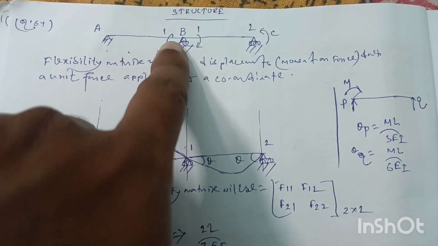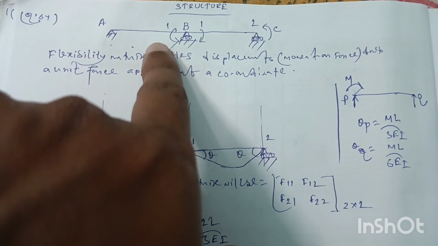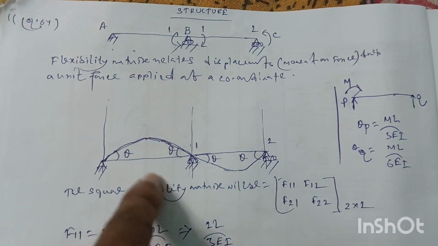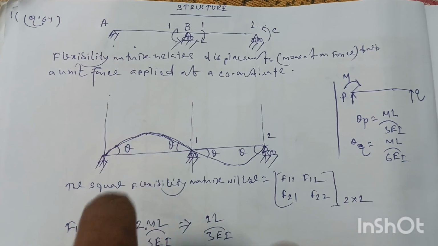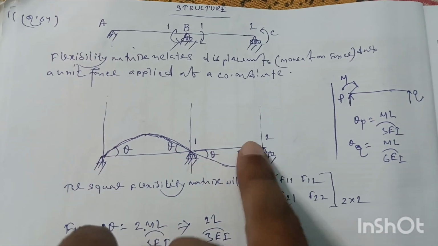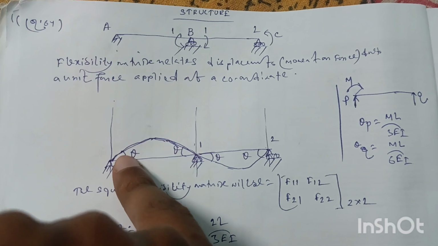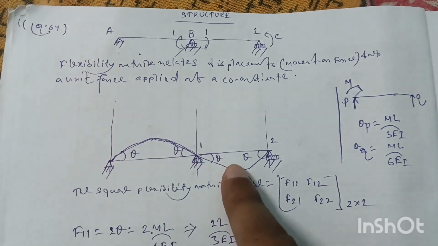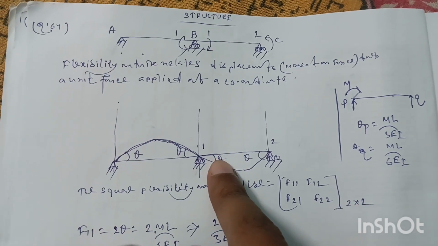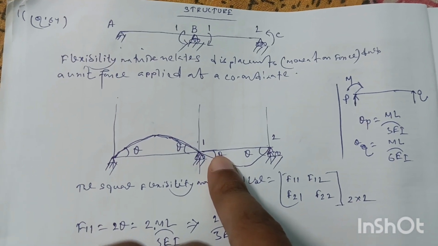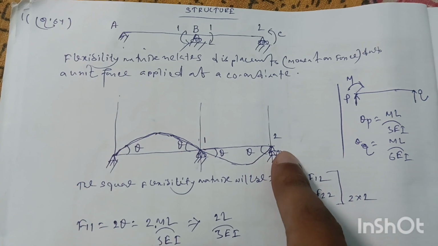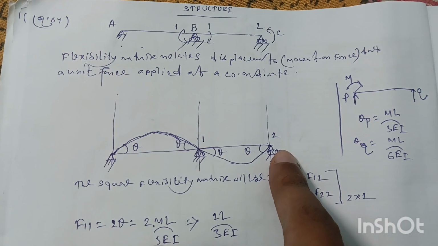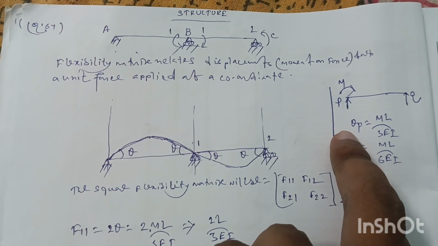So by the application of external moments at coordinate 1 and coordinate 2 for the beam, the rotation diagram or the deflected shape by the moment will be like this: theta at support A, theta at support B from the span AB, theta at support B from the span BC, and theta for support C or coordinate 2. And theta is the slope at the designated supports. Now let's take an example.